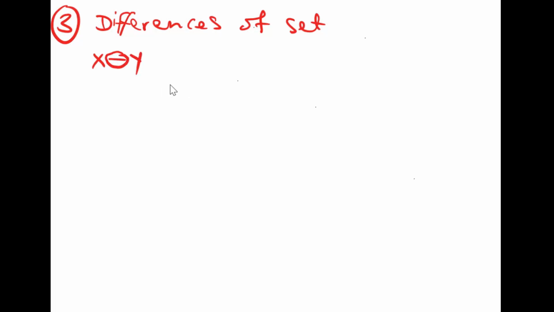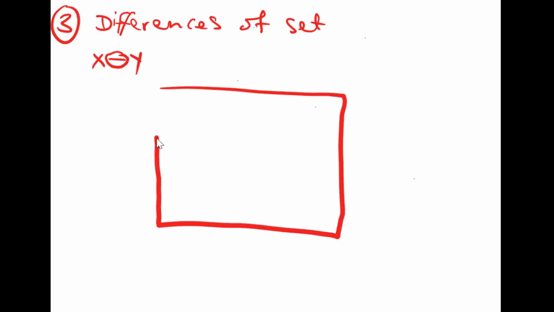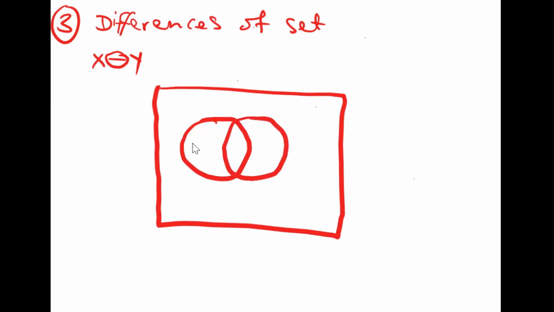So in a Venn diagram, if I have my universal set as this and set X and that of Y, this is X and here is Y. So this is my universal set. Then X minus Y, that is the difference of X and Y, will be this shaded part as well.